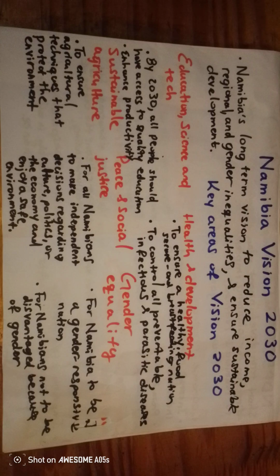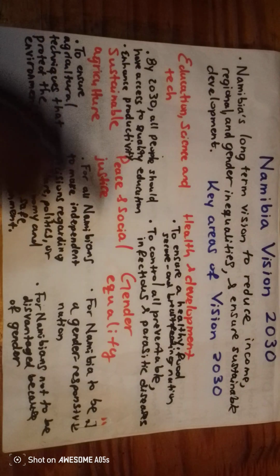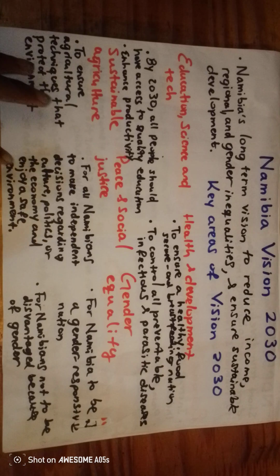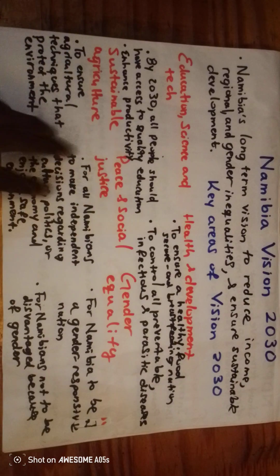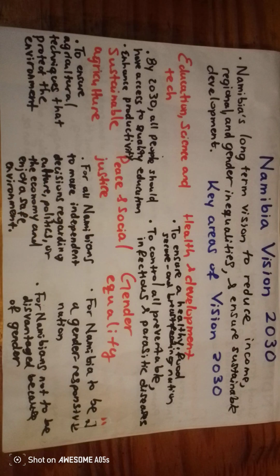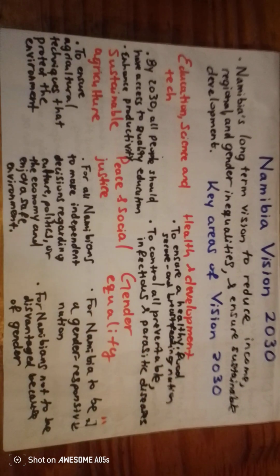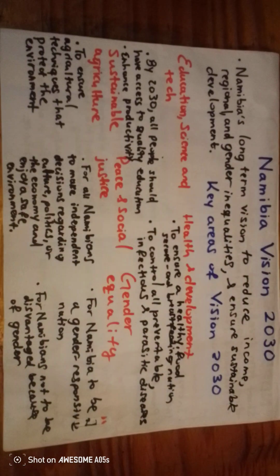All right. Now, we move to peace and social justice. The aim is for all Namibians to make independent decisions regarding culture, politics, or the economy and enjoy a safe environment. So, the key area here of peace and social justice is to ensure that every Namibian can make an independent decision about, let's say, what political party they support. You should not feel pressured to support SWAPO or NUDO, or LPM.